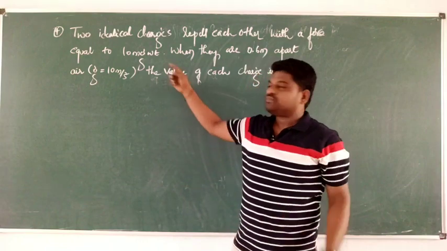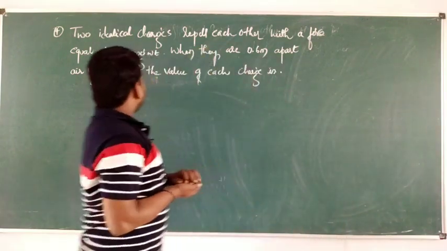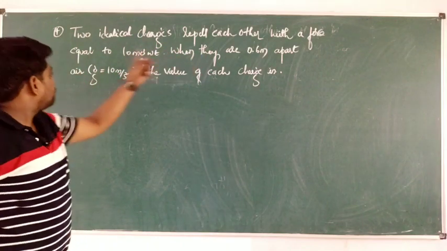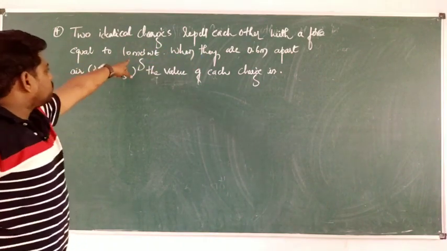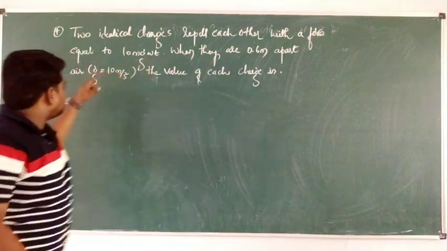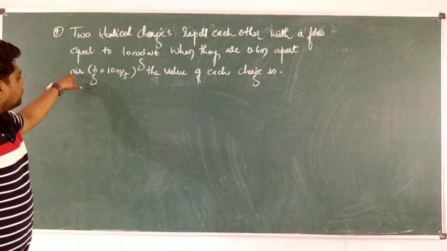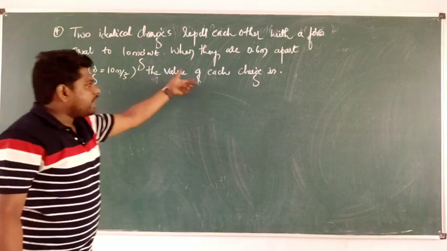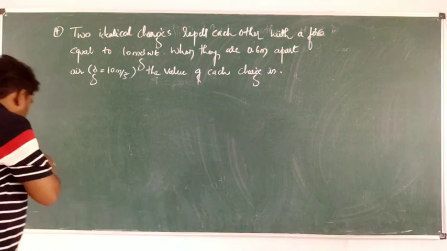Yeah, here the question is like this. Again, I am going to repeat the question. Two identical charges repel each other with a force which is equal to 10 mg Wt when they are 0.6 meter apart. The air is present in between them, the acceleration due to gravity is 10 meter per second square. The value of each charge is.